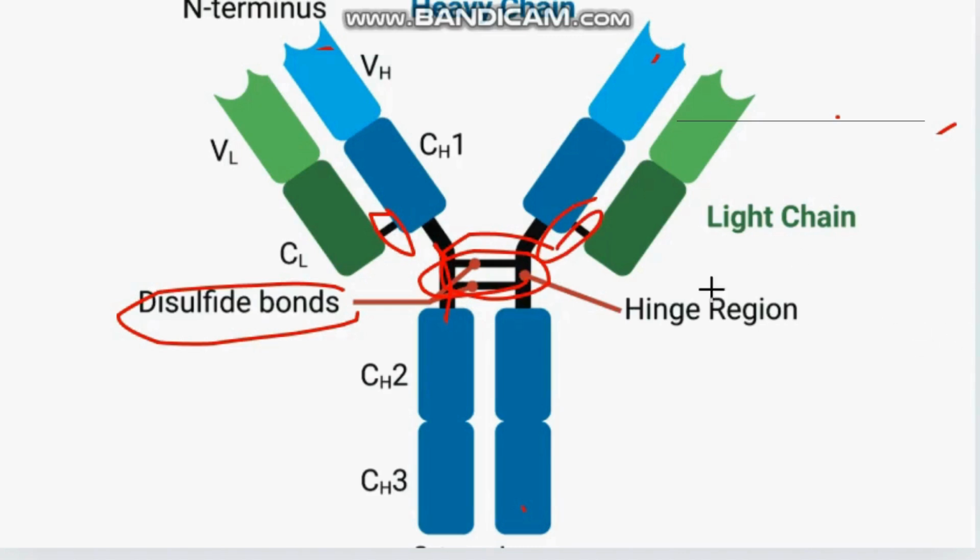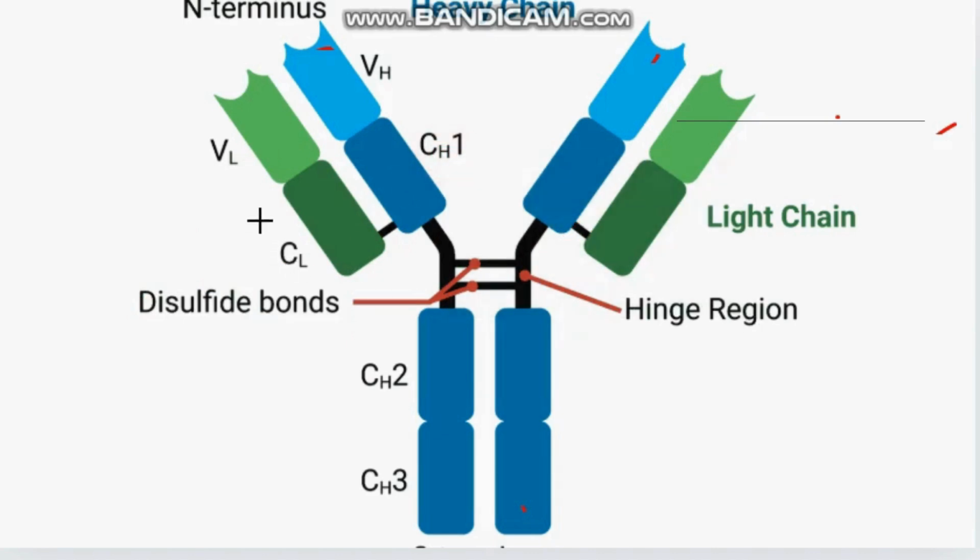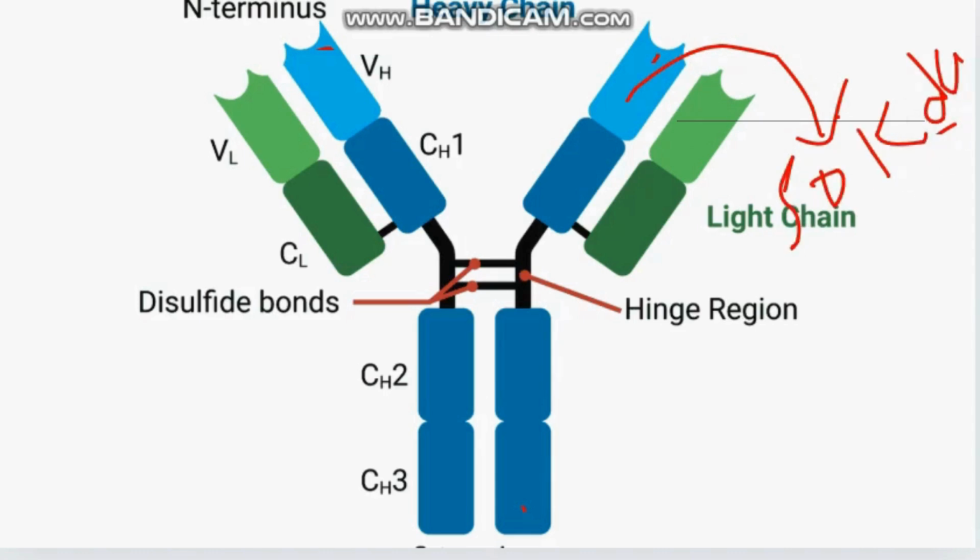Now what is the meaning of this 50 kDa and 25 kDa? The heavy chain is 50 kDa and the light chain is 25 kDa.